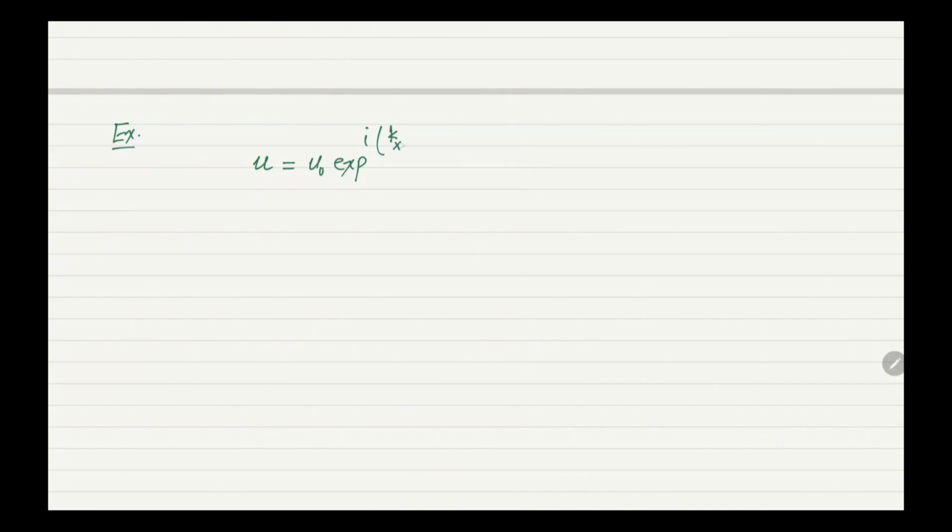We should write kx x plus ky y minus omega t. This is the solution for the displacement u. And the other solution v, in this case, is v naught exponential i. Again, it propagates in the x and y, so kx x plus ky y minus omega t.